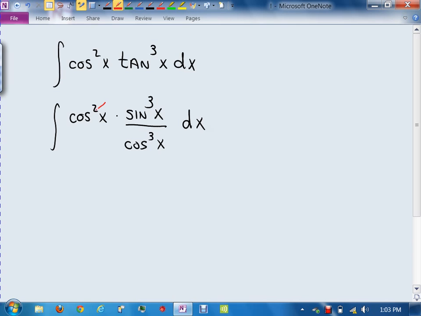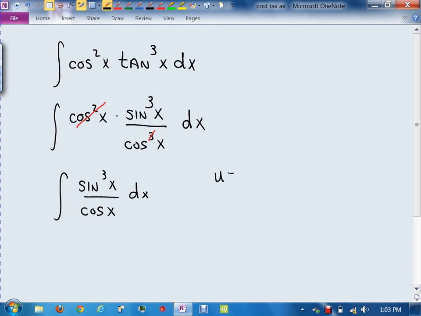And then you could cancel two of the cosines, so cosine squared cancels, and we'll have just one cosine left on the bottom, right? So our new integral is sine cubed x over cosine x dx.